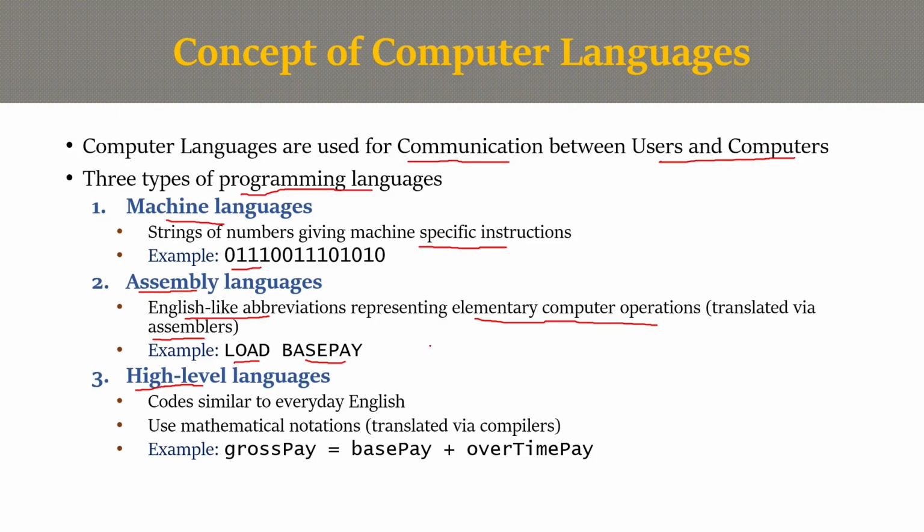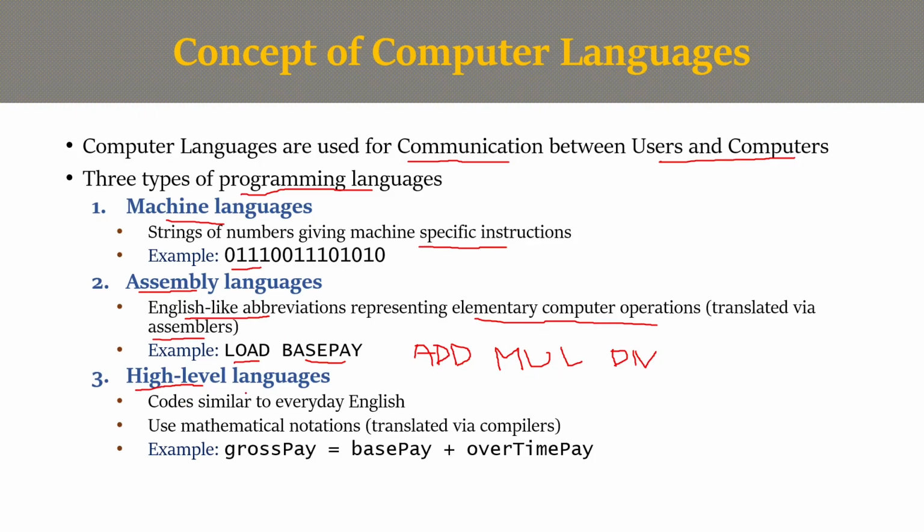Similarly, for elementary computer operations, we can say add, right? There is this add, which is also an English-like abbreviation, and it falls in assembly language. Like this add, we have mul, which stands for multiplication and is also an English-like abbreviation. So the abbreviations add and mul stand for addition and multiplication. Similarly, it goes like div. All of these commands fall under the assembly languages.